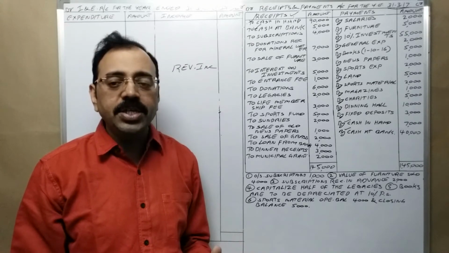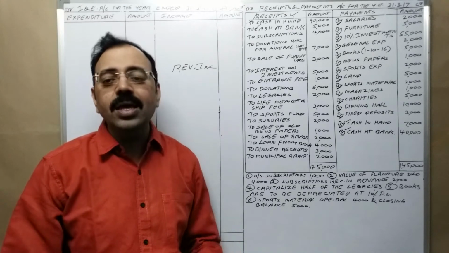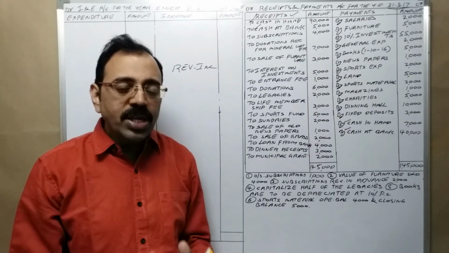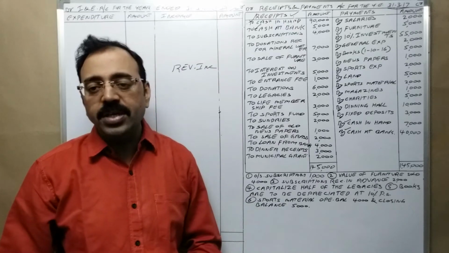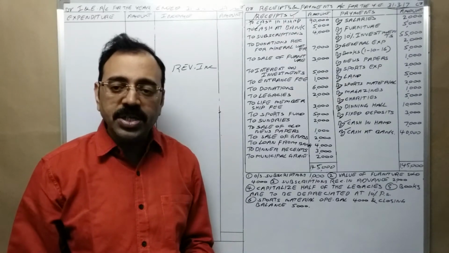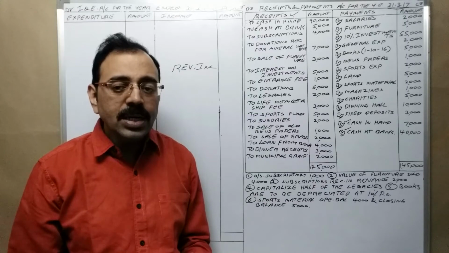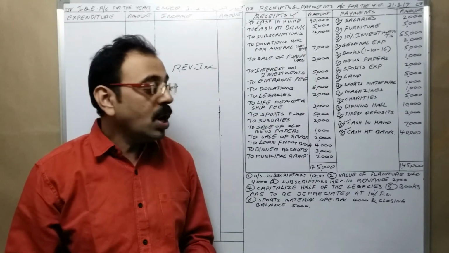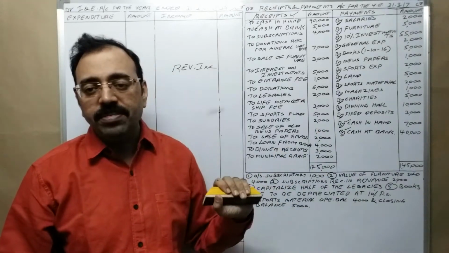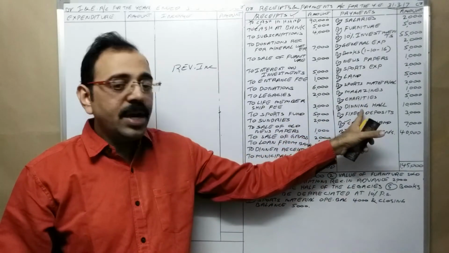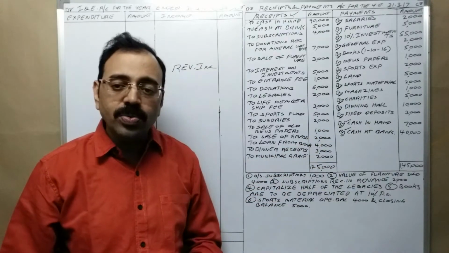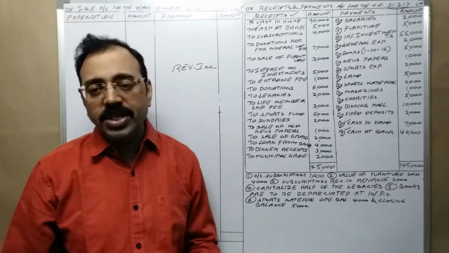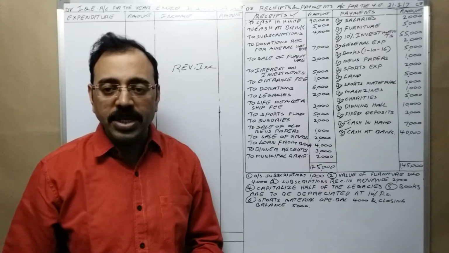If any expenditure is incurred rarely, any expenditure which gives a long-term benefit, any expenditure which is incurred to acquire some fixed property, that expenditure is called capital expenditure. And on the payment side, we record revenue expenses also. What is revenue expenditure? A recurring expenditure is known as revenue expenditure.